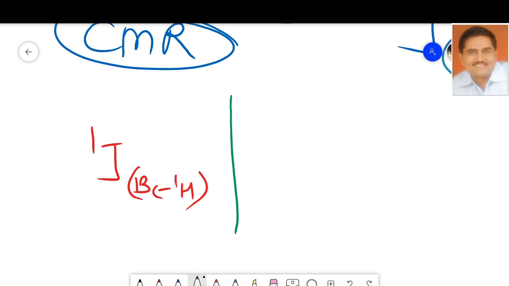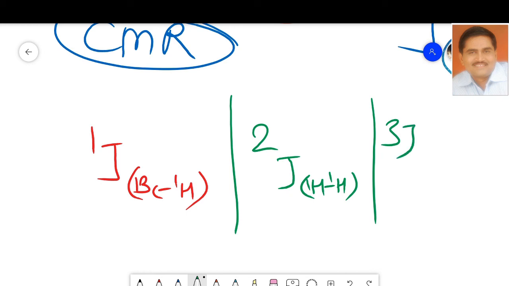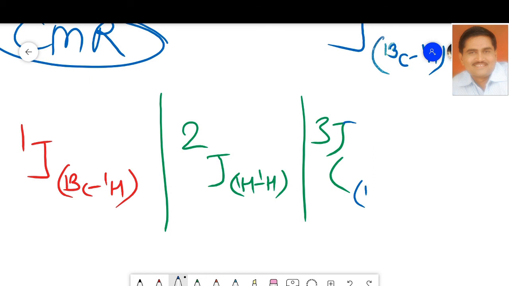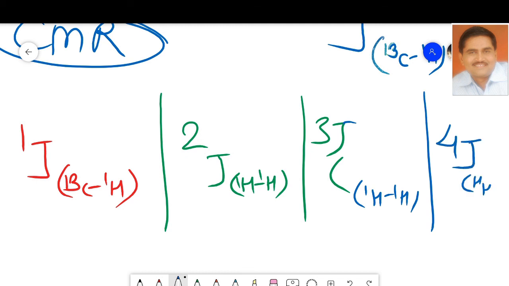Also we discussed 2J, between H1 and H1, 3J between H1 and H1, and 4J or more between H1 and H1.